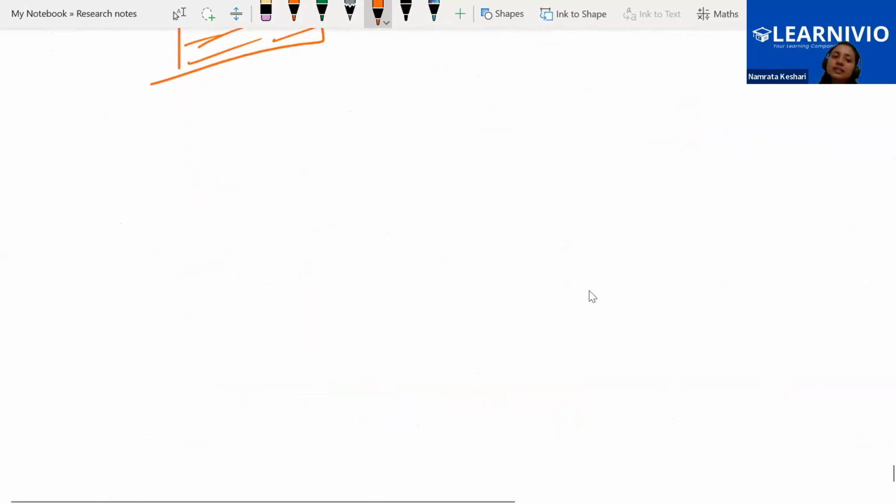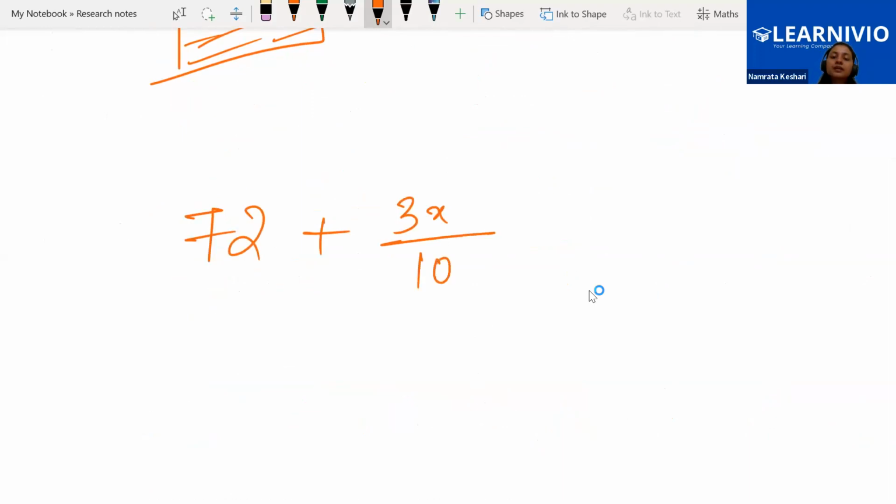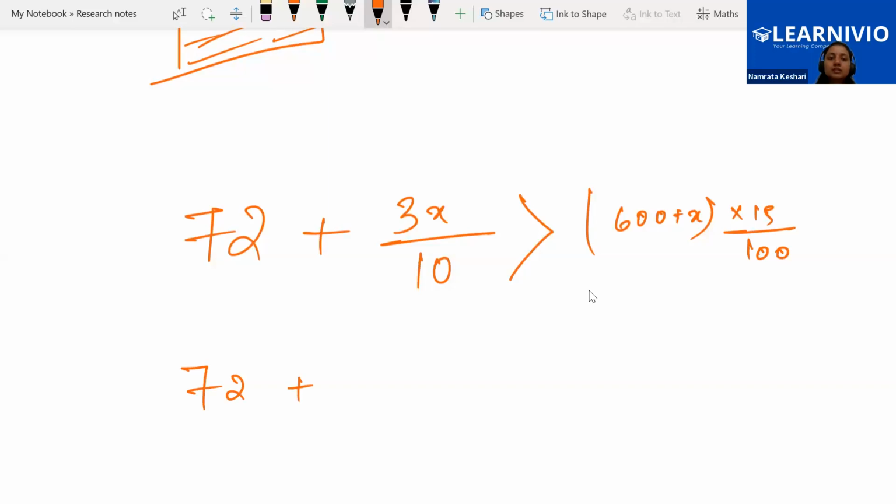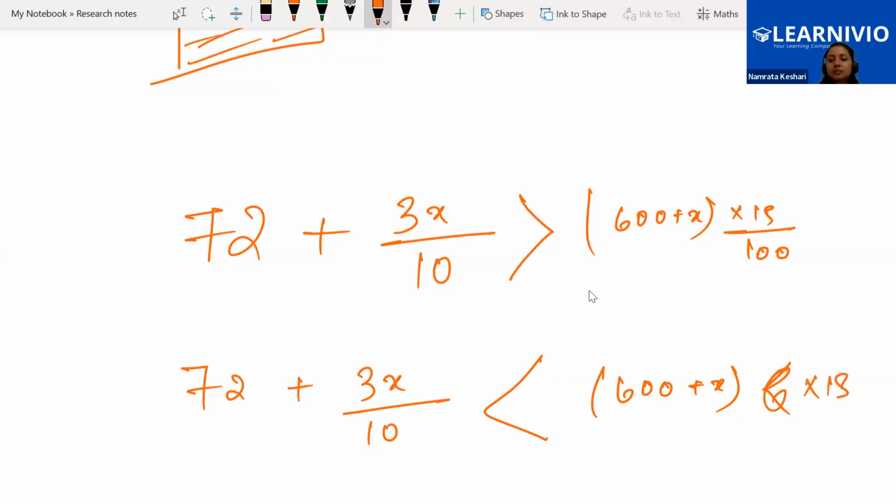Let's write it as it is: 72 plus 3x by 10 is greater than 600 plus x, that's 15%, 15 by 100. And the same 72 plus 3x by 10 is smaller than 600 plus x, 18%. We can write both of them together.